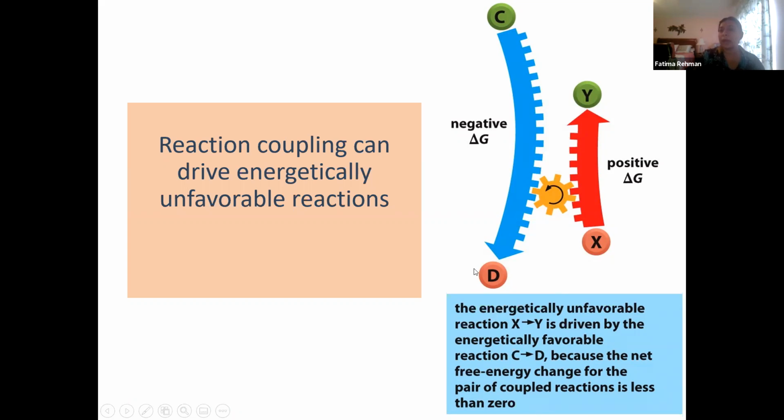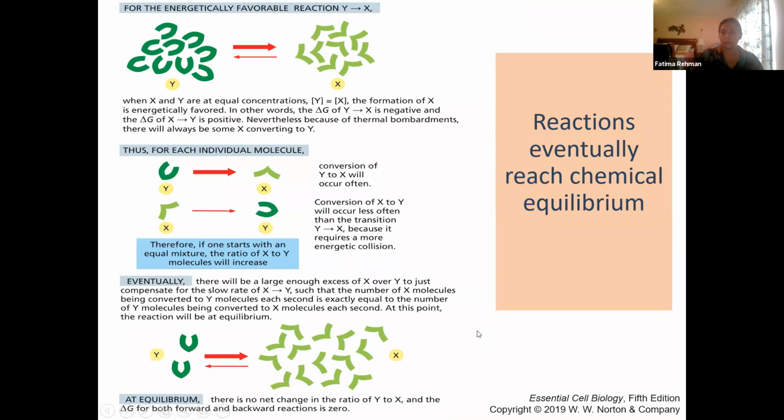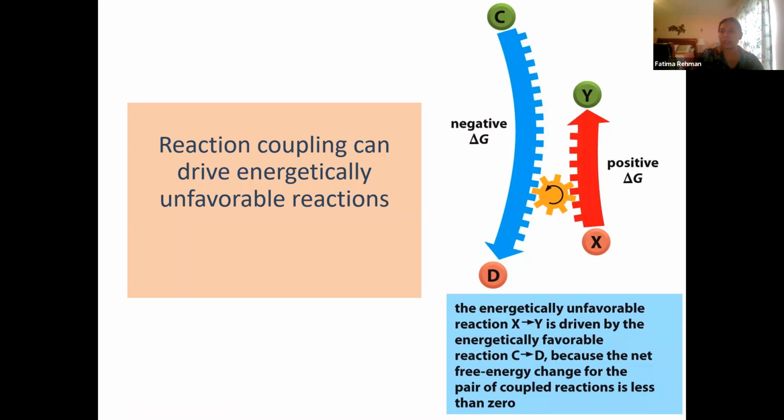So this one had a positive delta G because you took away some of that free energy in order for this reaction to occur. So the free energy and when it's positive and when it's negative is clear.